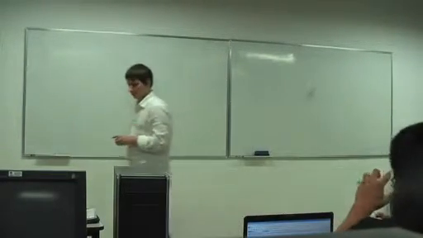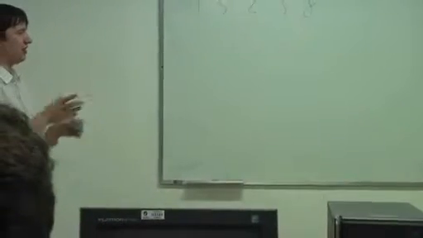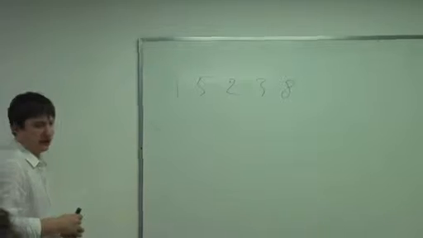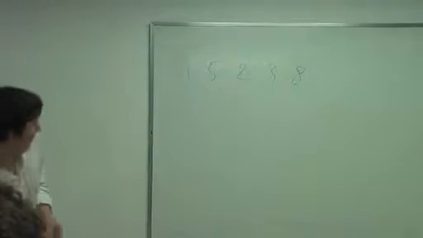Okay, so problem B. About financial software. You had a sequence of numbers and had to find the longest subsequence of the sequence such that each two adjacent numbers differ by at least k.